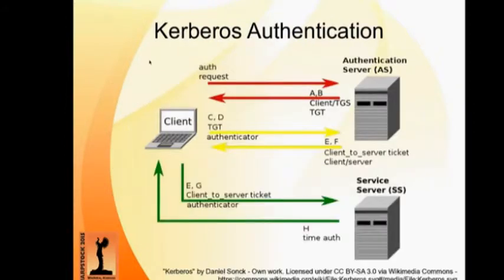This gives you a pretty decent overview of how the Kerberos authentication works. Up at the top is the authentication server. The authentication request goes across. The request is acknowledged, a ticket is granted to the client.